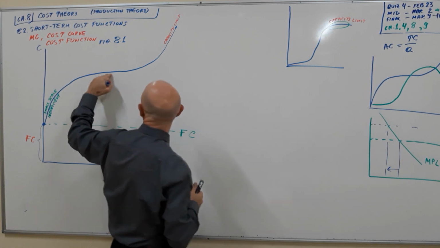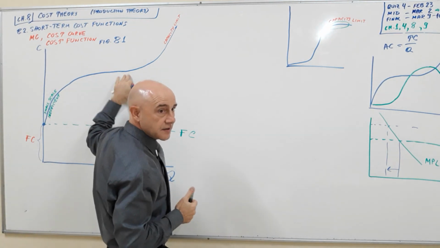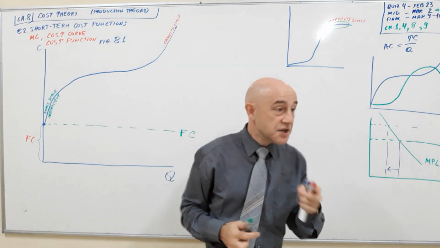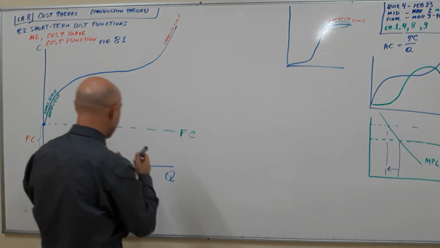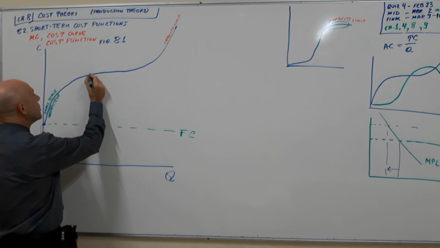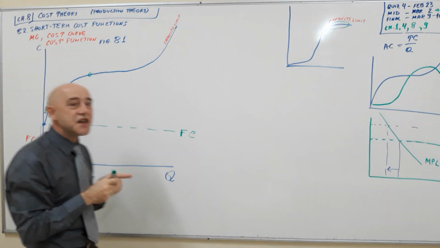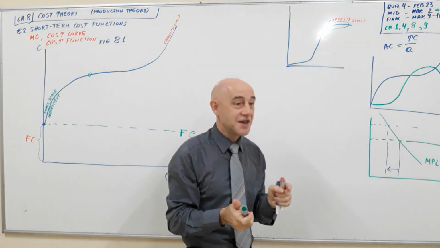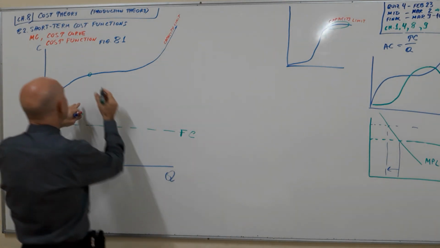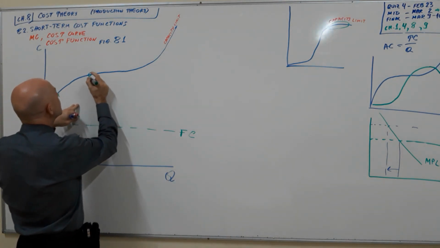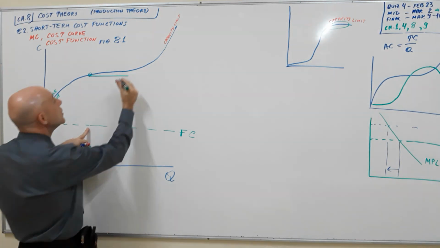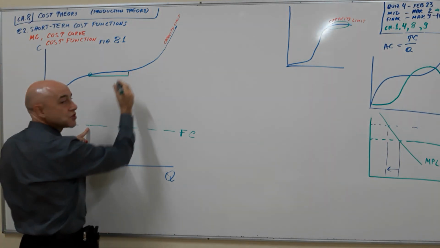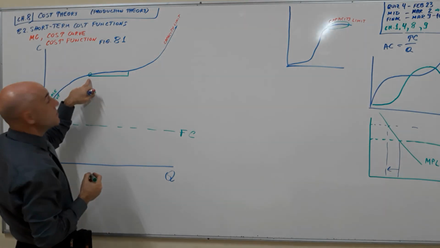Here, very, very flat, okay? So, you want to be somewhere over here, somewhere. Again, if you're here, your efficiency is just beginning. You see, here, you could produce a lot of extra output with a very little extra cost. You don't want to be here.